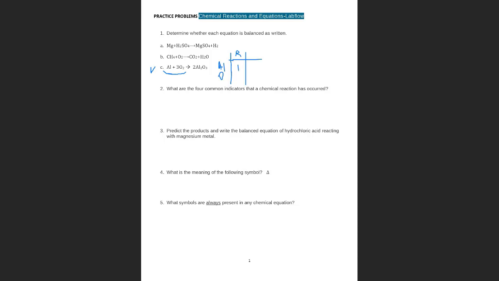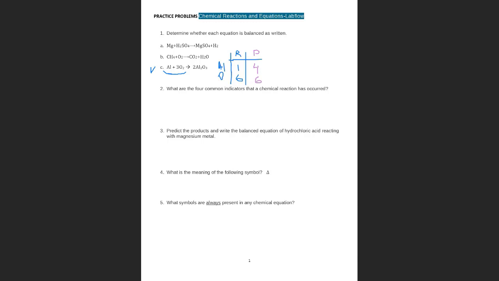How many oxygen? 3 times 2, 6. Okay, let's look at the product side. I have 4 aluminum and I have 6 oxygen.